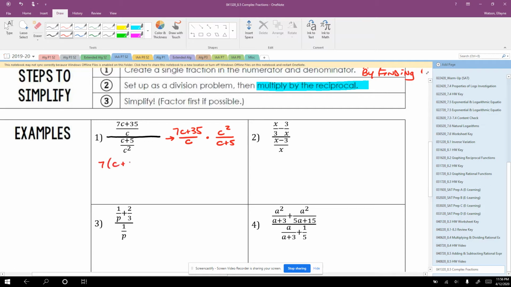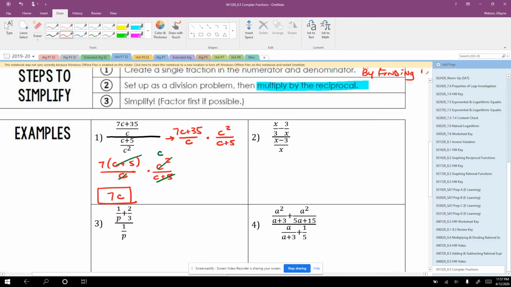It leaves me with c plus 5. Over here, there's nothing to factor. And now I'm going to simplify where I can. My c plus 5 cancels. I have a c squared and a c, so this just becomes c. And the c on the bottom goes away. And so I'm left with 7c.